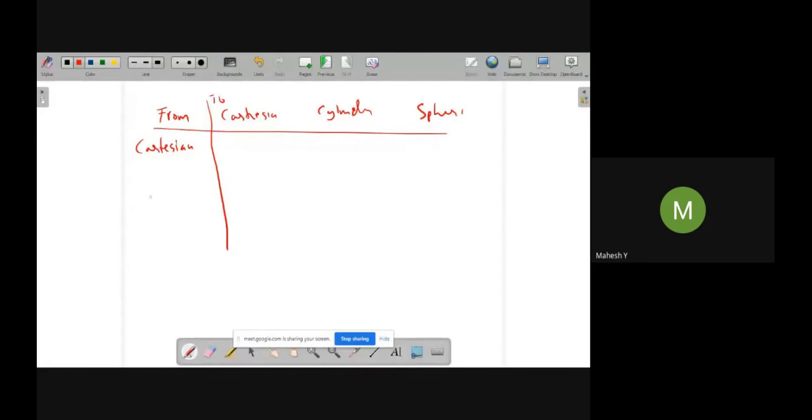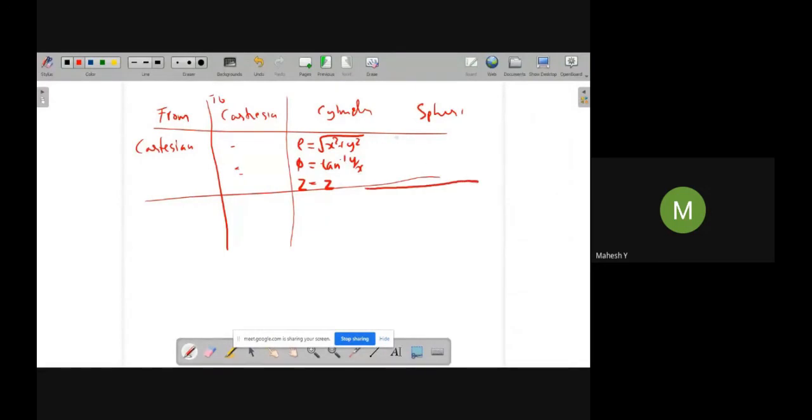So Cartesian to Cartesian, there is no conversion. So Cartesian to cylindrical, what is rho, phi and z? Rho is root of x square plus y square. Phi is equal to tan inverse y by x. Z remains z.